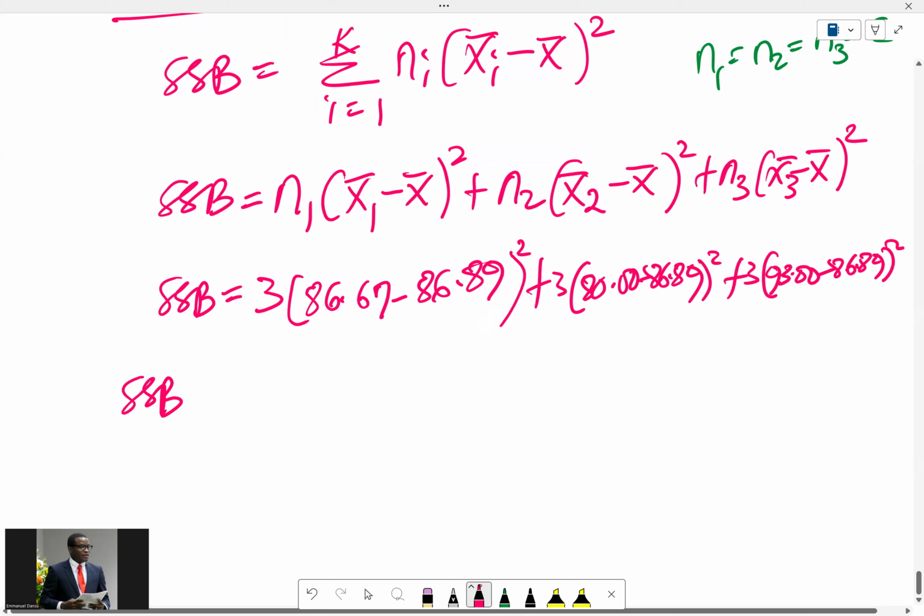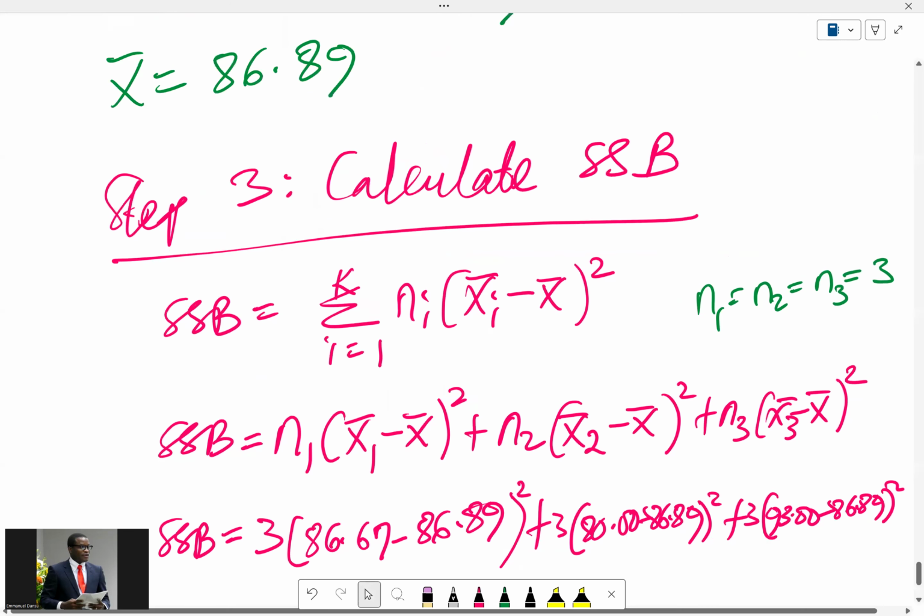So SSB is equal to 3 into... 86.89. You want to make sure of that to avoid mistakes. So this would be 86.67 minus 86.89, so this is minus 0.22? Is it 86.67?